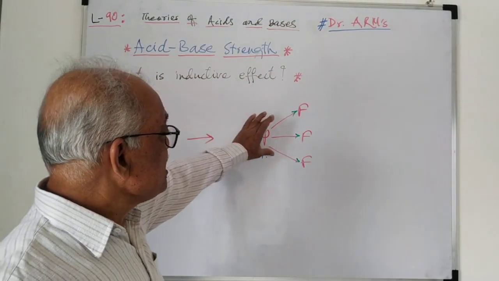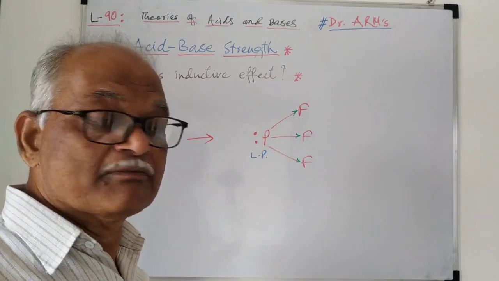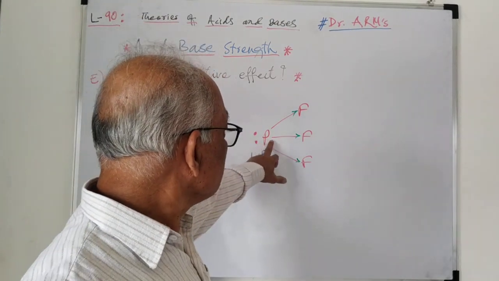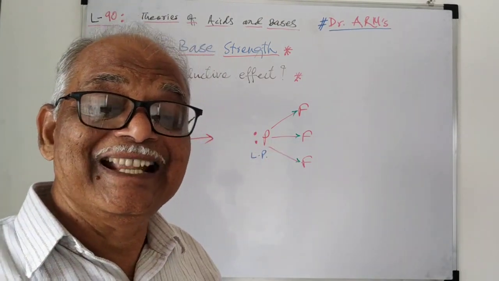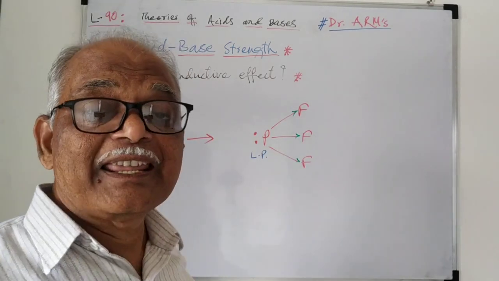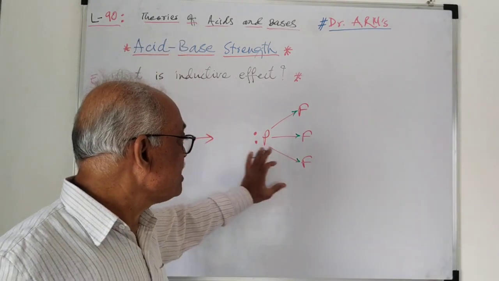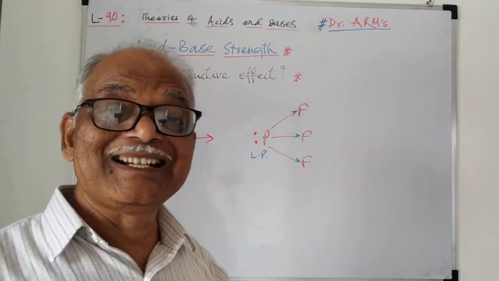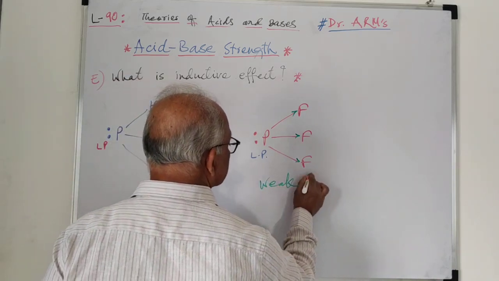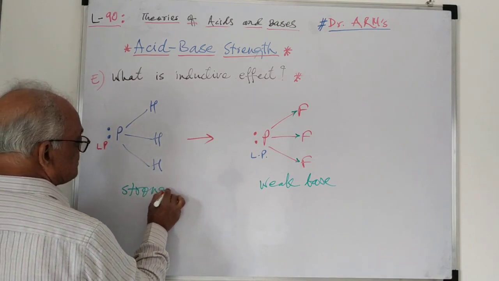As a result of this, electron density on phosphorus is reduced and it is moved onto fluorines, and therefore this phosphorus becomes less electron rich or electron deficient, and this electron pair cannot be easily lost to the Lewis acid, and therefore this species becomes a weak base. So this is weak base, and this becomes a strong base.